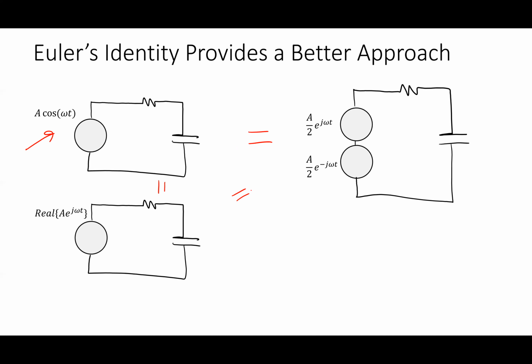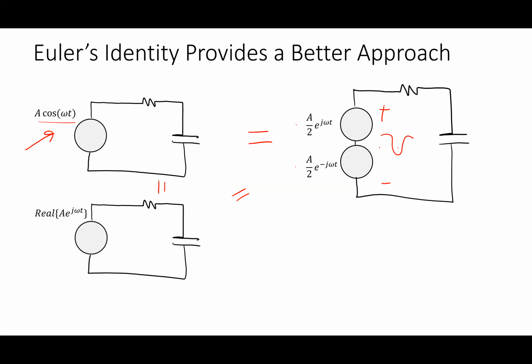What have I done? I've used Euler's identity to say that if I have a cosine omega t, I can think of that as two rotating vectors. If I put my multimeter right here, or my oscilloscope, and looked at the voltage across these two things, what would the voltage look like? It would look like cosine.